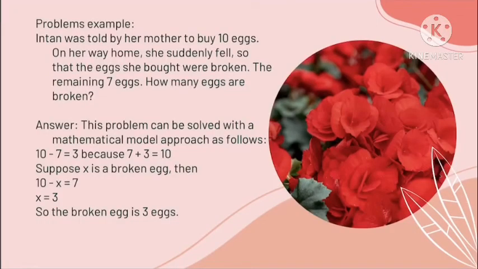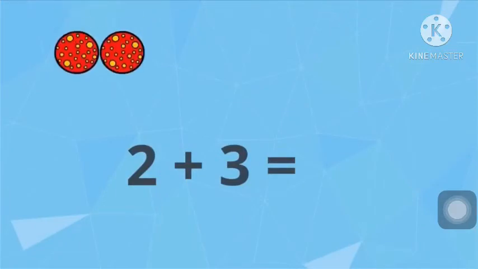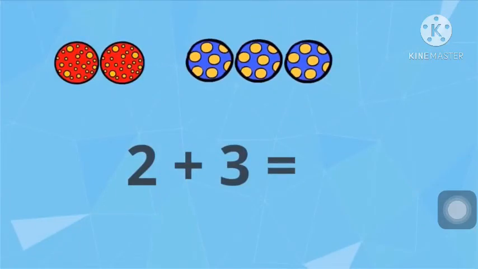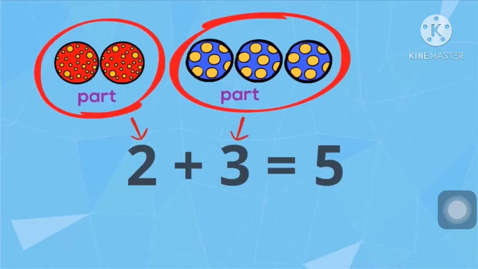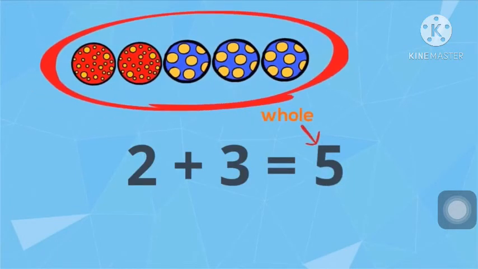And let's see another example. Here's a simple question. 2 plus 3 equals 5. When we have 2 and 3, we find the total is 5. In this example, 2 and 3 are the parts, and the parts make up the whole, which is 5.